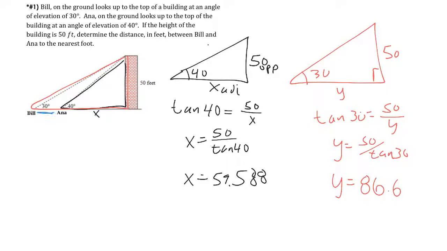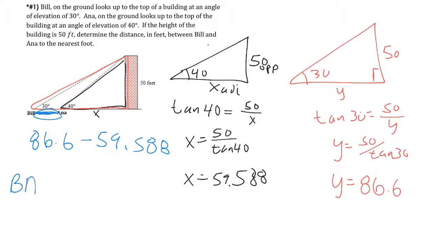Then to find the distance between Bill and Anna, we have to just subtract these two. To find this one piece, I'm going to take the red triangle and take away the black triangle, the bottom. So 86.6 minus 59.588.